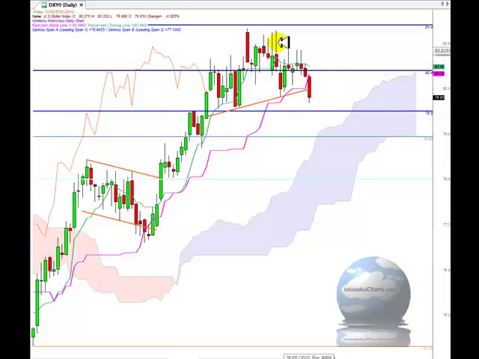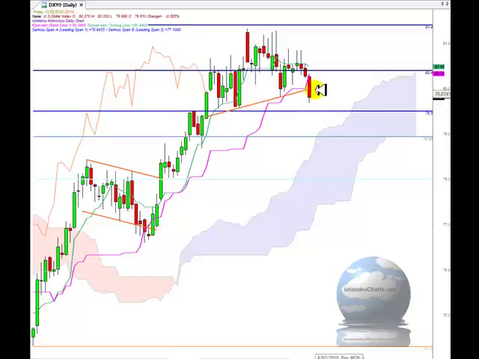Now, the target for this pattern is the distance from the top of the head to the neckline projected down from the area where the market broke out. So that area, it's roughly 81.40 down to about 79.60, which gives us an area of roughly, let's say, 1.8.